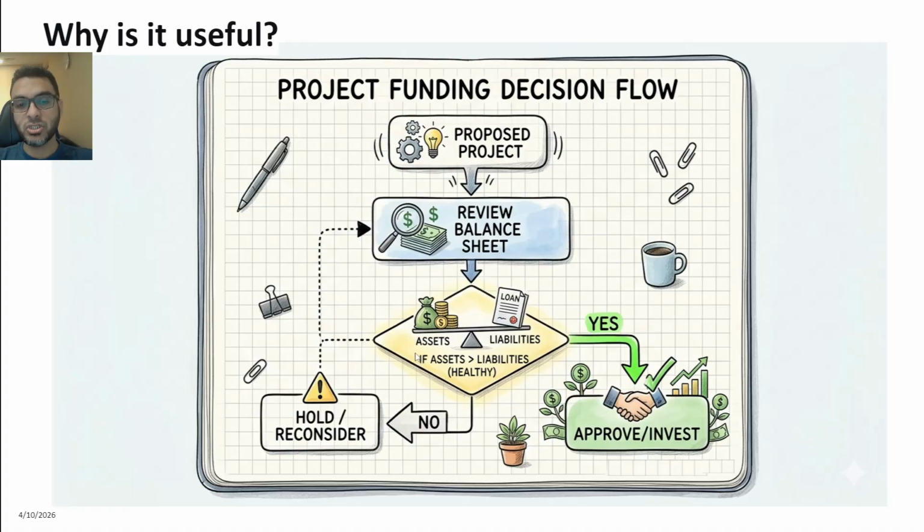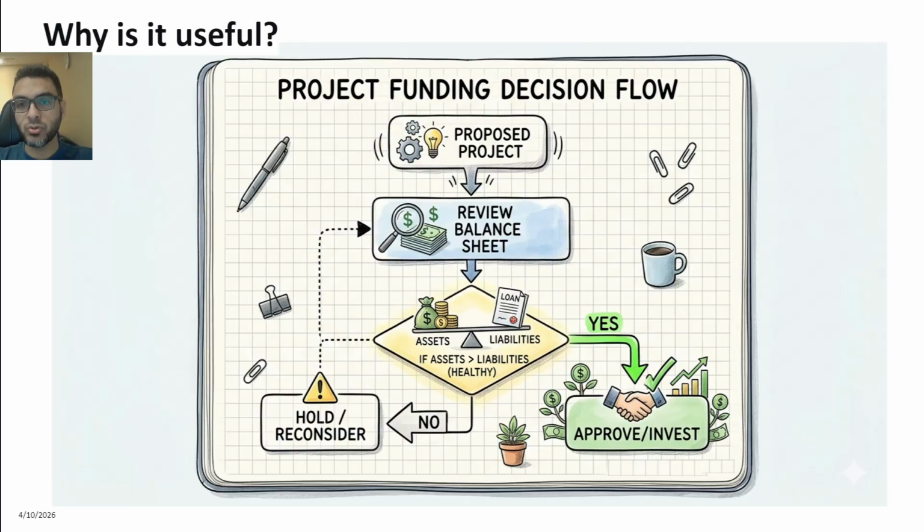While reviewing the balance sheet, we can see the assets and compare them to liabilities. If the assets are more than liabilities, which means that the owner's equity is high, that means the current situation is healthy, and accordingly the company can afford investing in a project, because as you know, usually in the first phases, the development phases of any new project, we invest money in it before we start getting any revenue back.